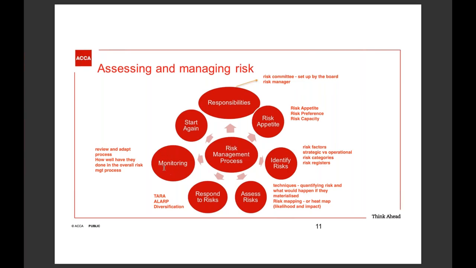And another process that you will have here will be monitoring. You will review and adapt the process, and then you will look into how well you have done in the overall risk management process. That means, have you identified the risk factors for the risk? What are risk factors?